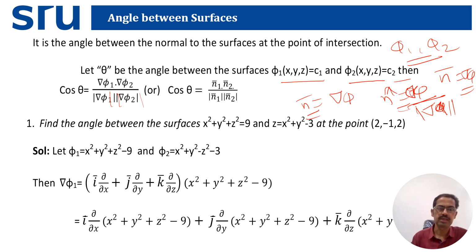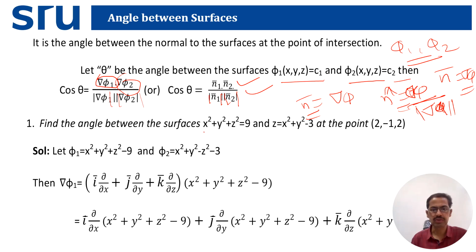So we can write del phi 1 as n1 bar, del phi 2 as n2 bar, and the magnitude of del phi 1 is the magnitude of n1 bar, the magnitude of del phi 2 is the magnitude of n2 bar. Either this or whatever you take, just calculate the angle between the surfaces. Given two surface equations, now find the angle between the surfaces.